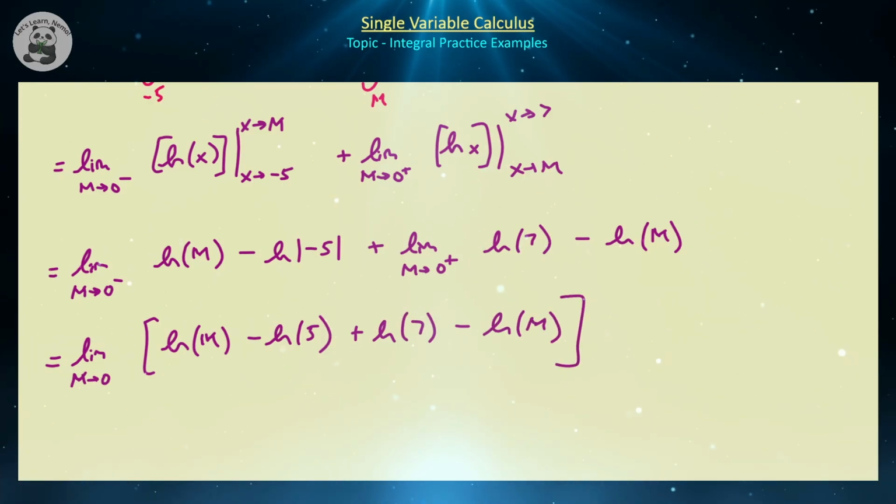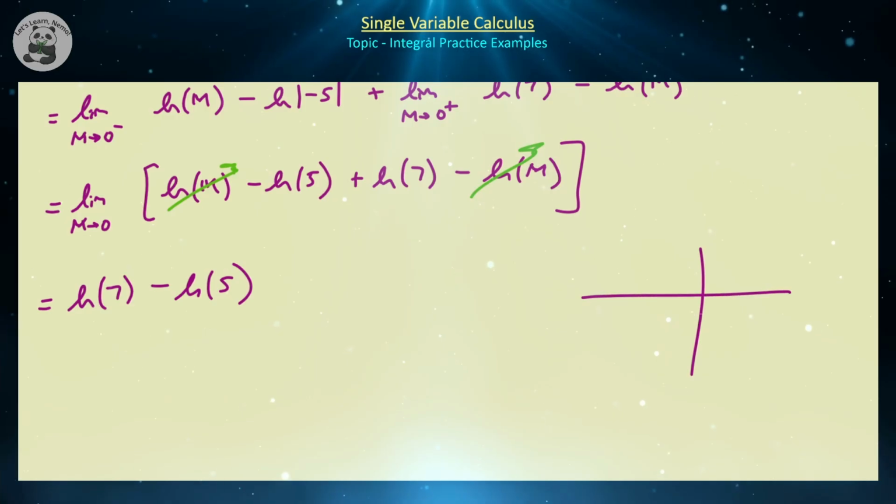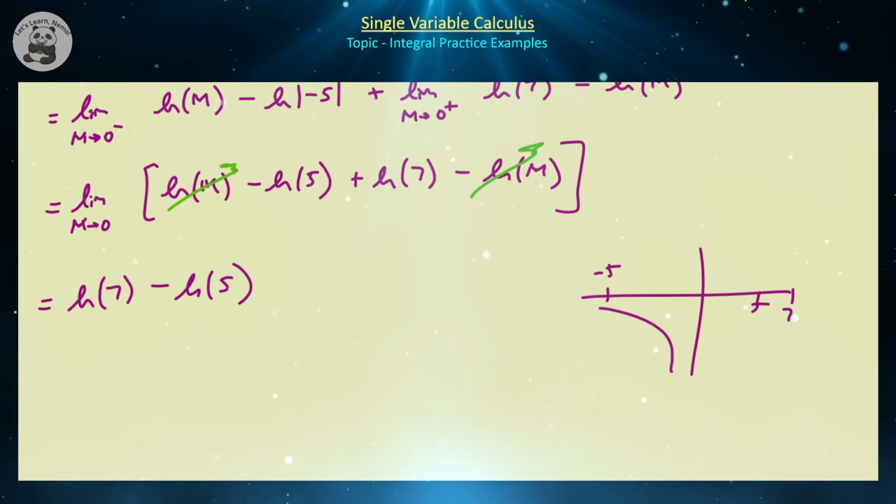And notice that before we take these limits, these natural log of m's do cancel. So that limit as m goes to 0 is irrelevant, and this is just equal to the natural log of 7 minus the natural log of 5. From our original picture, because remember we have minus 5, 5, and 7, let's draw some non-zero area there.